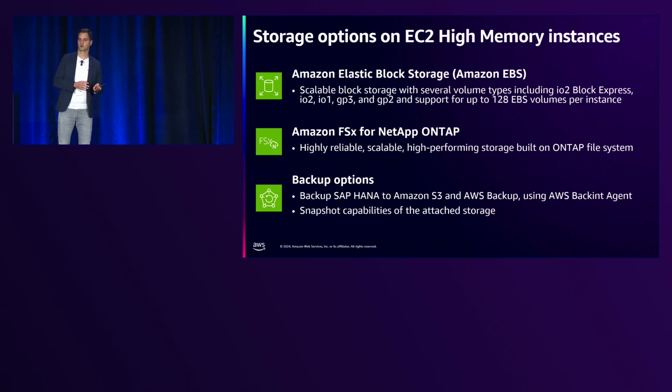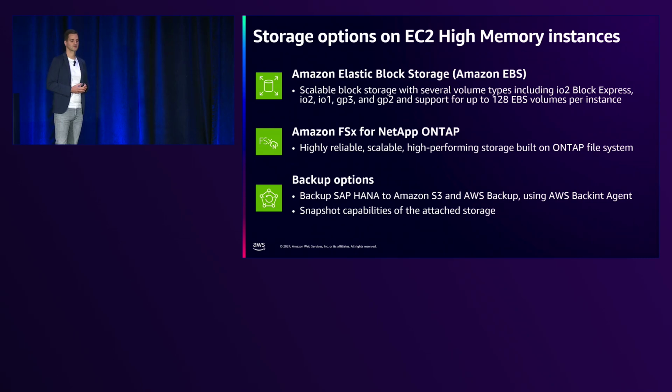So io2 Block Express, gp3, and so on. And you can attach up to 128 volumes to a single instance. And you can also change the different volume types online without downtime. So you, for example, can switch from gp3 to io2 Block Express.